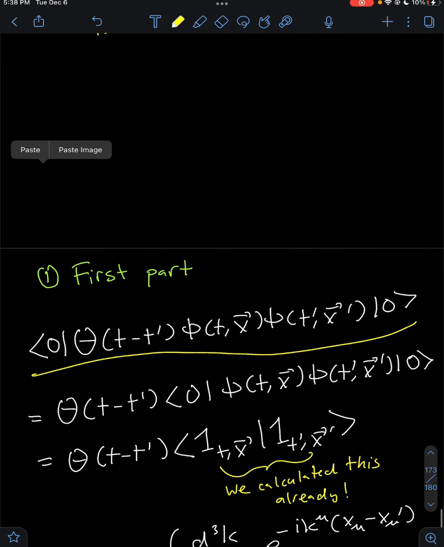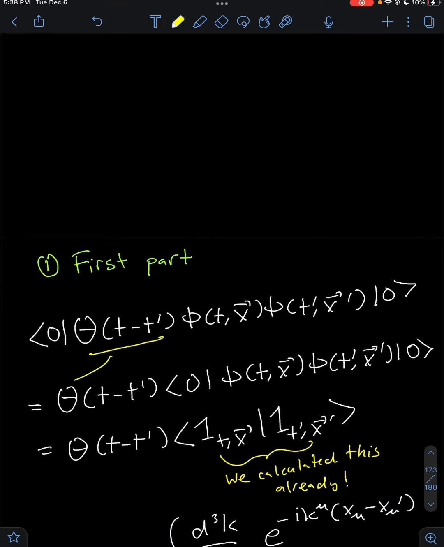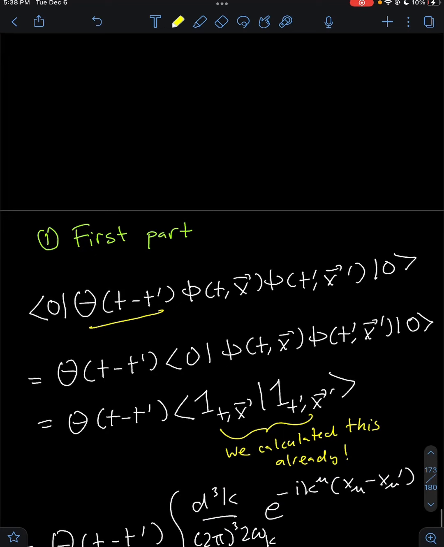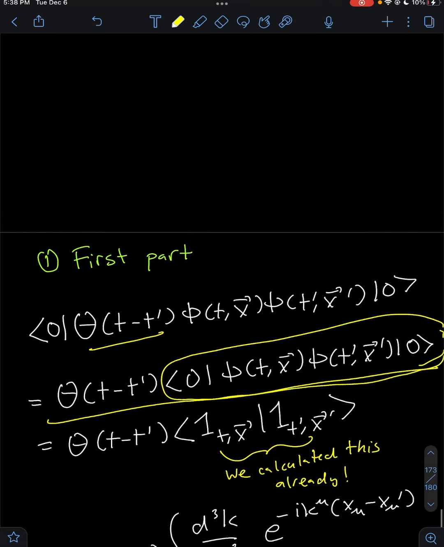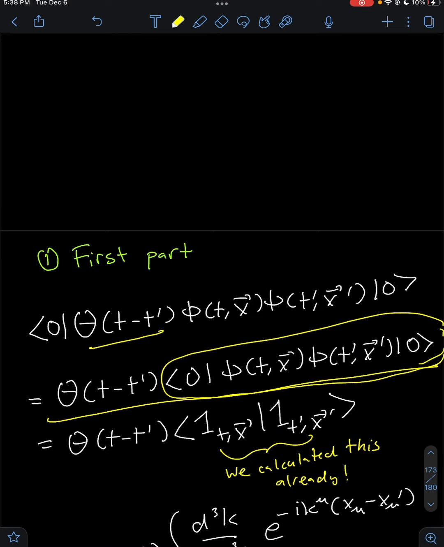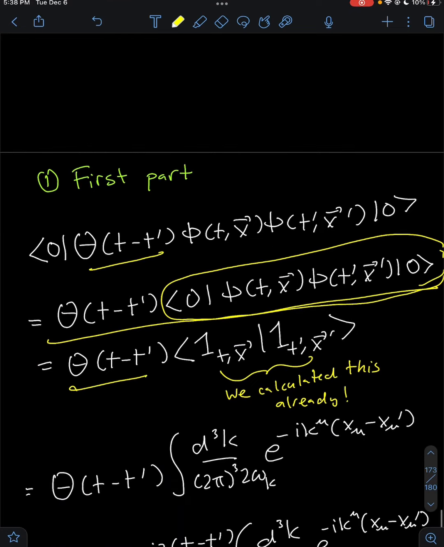Now what we can do here to solve this is move the step function to the front. Doing that, we have this over here. And this product should be sort of familiar. We looked at it in the last video for the case of equal times, but now we are going to have separate times. Again, we calculated this already for equal times.